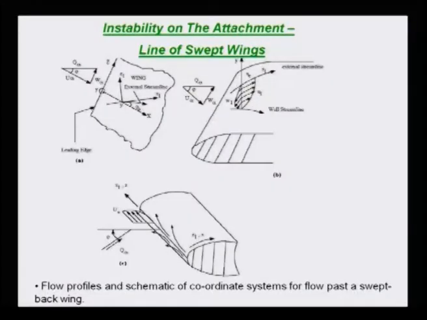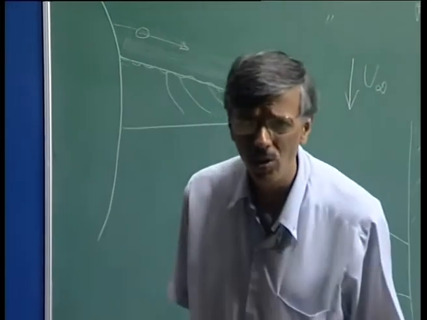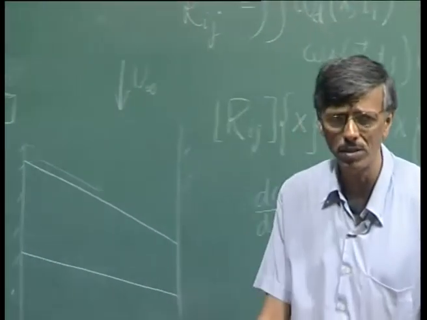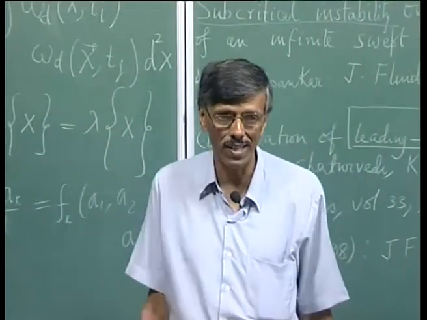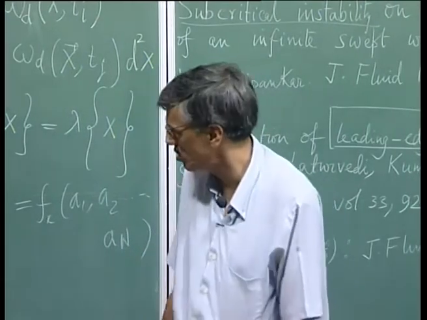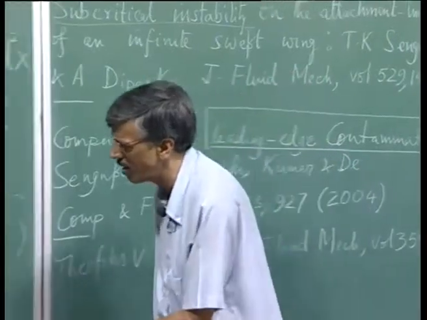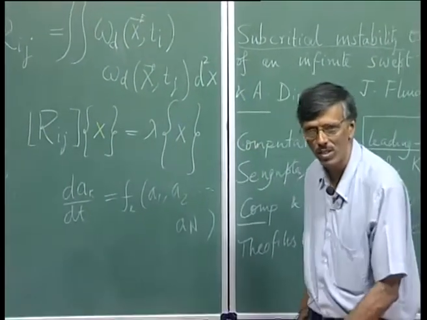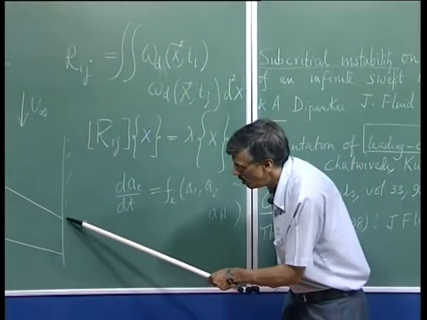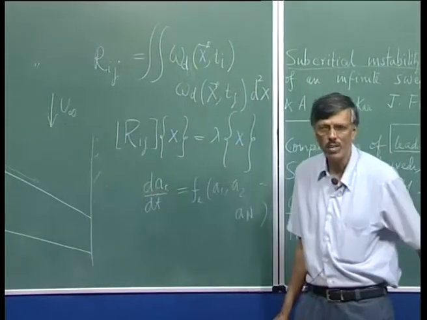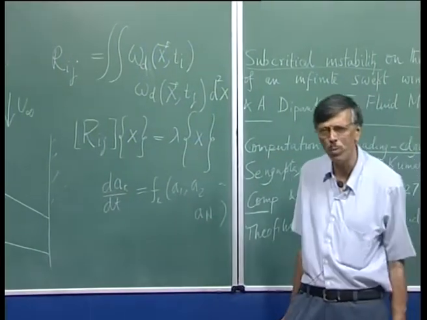In this analysis, we are going to talk as if this wing is infinitely swept. Infinitely swept means that it is a never ending wing on this side. Okay? So, there are no wing tip effects involved.